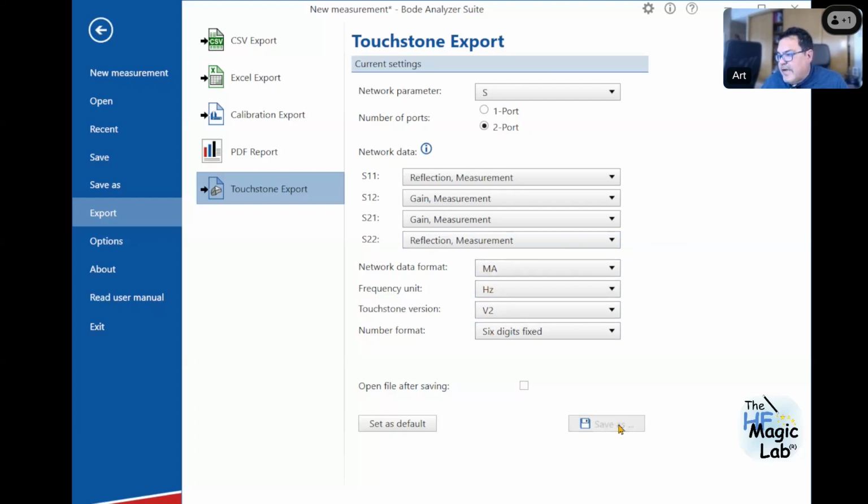When I save this filter in my computer, for example, let's go to the desktop, I'm going to save this file with the name, let's see, for example, demo, demo S2P, okay?